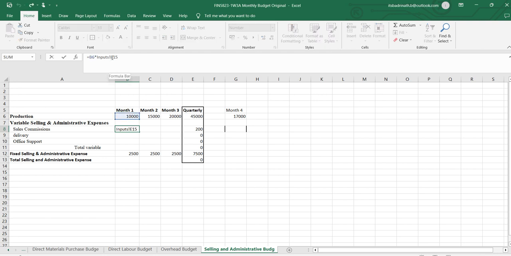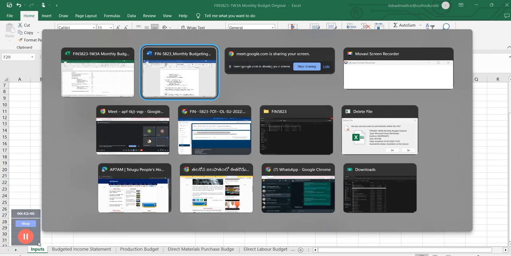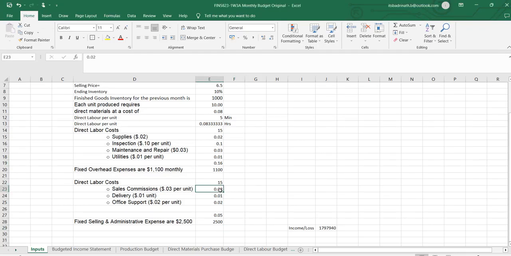Now let me make this one a static expense. Actually, I made these changes for the next question, the scenario analysis.